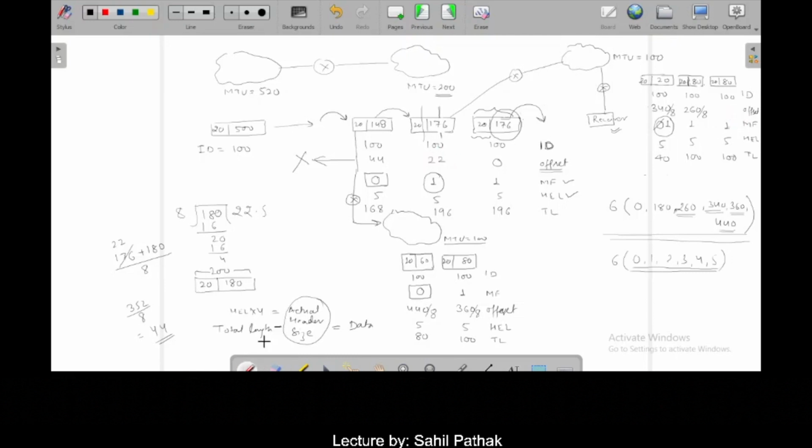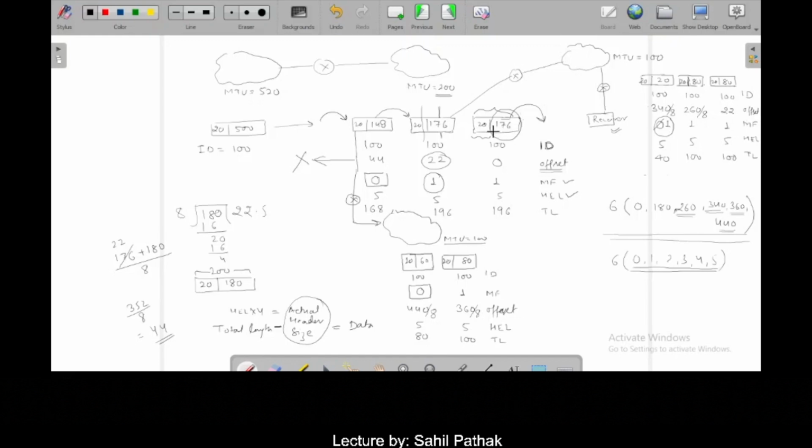The first fragment after refragmentation will have the same offset value as the parent, that is 22. You can understand it in this manner: 176 data bytes are ahead of this fragment, and if we divide 176 by 8, we get 22 as the offset value.